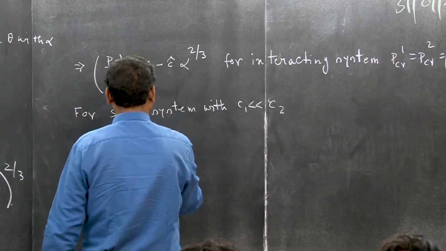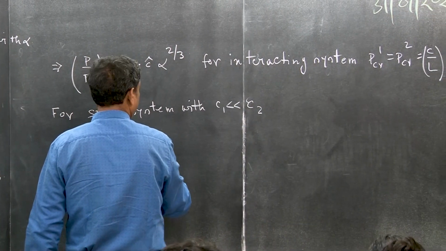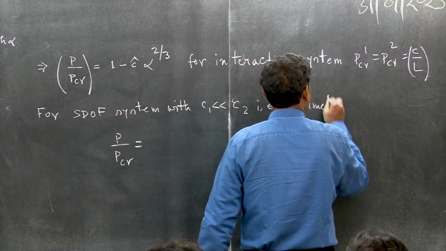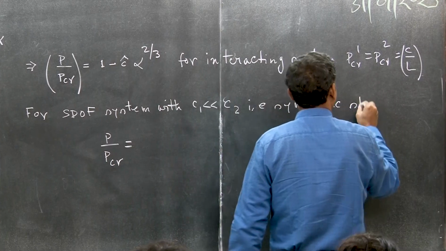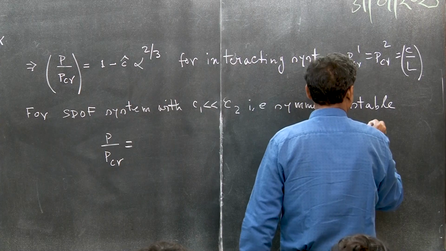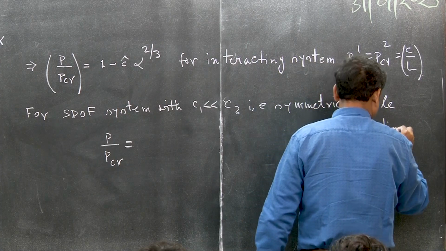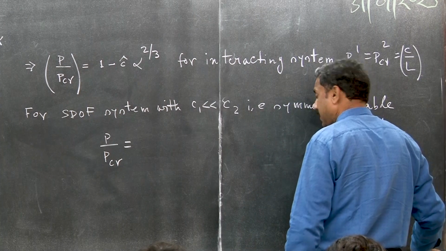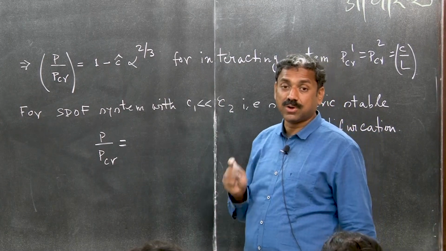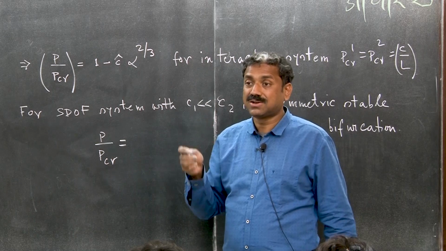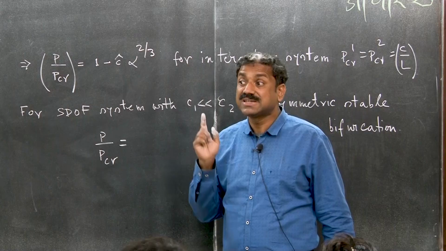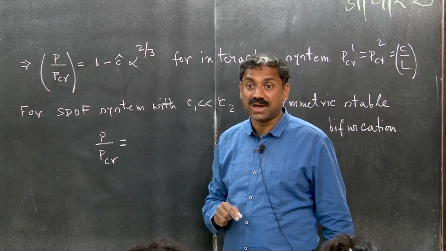What was P by PCR? For that it is symmetric stable bifurcation. The first example we have considered, a rigid bar restrained by a rotational spring, was showing the symmetric bifurcation and a stable post critical path, right?